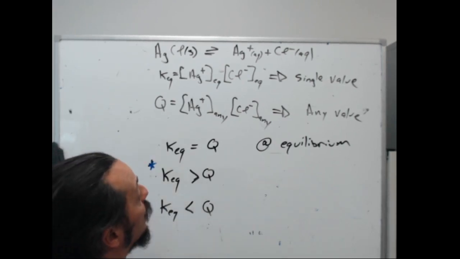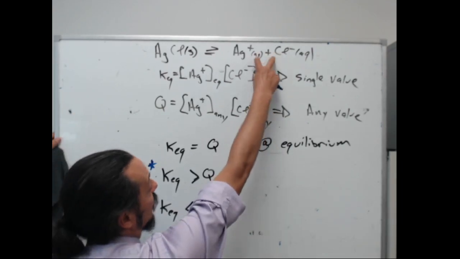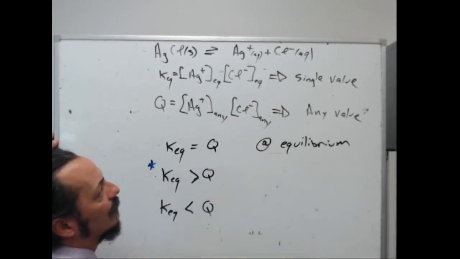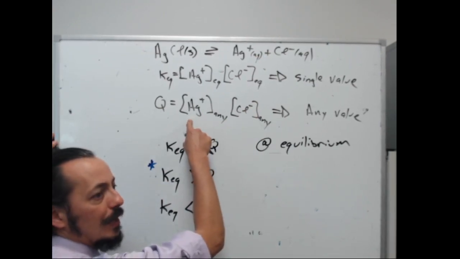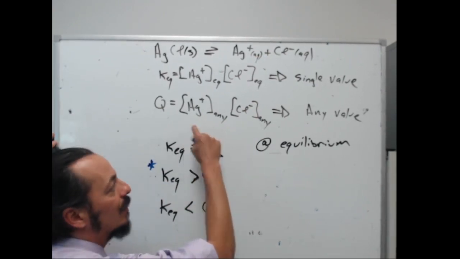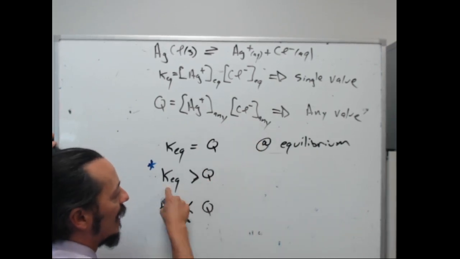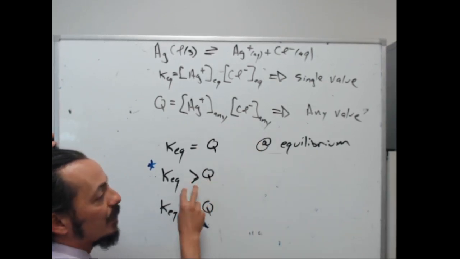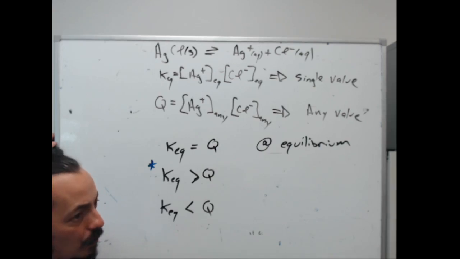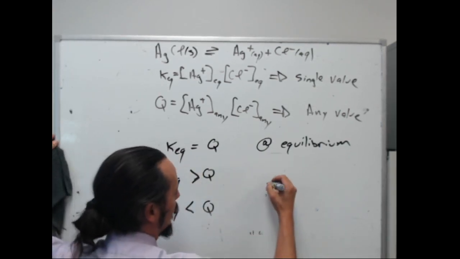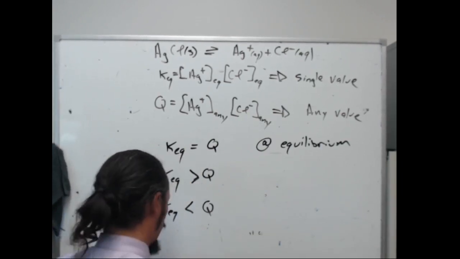If you think about the previous problem, we had silver chloride and we were putting it into a bucket of water. The silver concentration in a bucket of water is 0. The chloride concentration in a bucket of water is 0. Q is 0. KEQ is greater than 0. This was what we always had in 127 and often in 128. So this is going to be the situation that goes towards products.